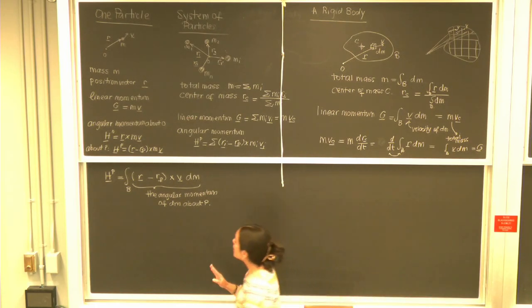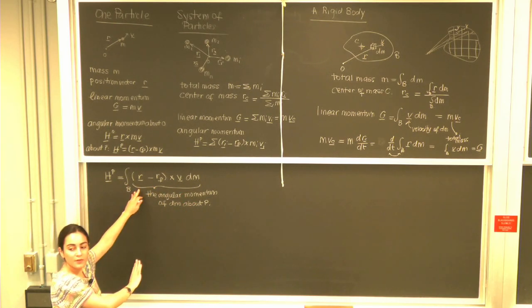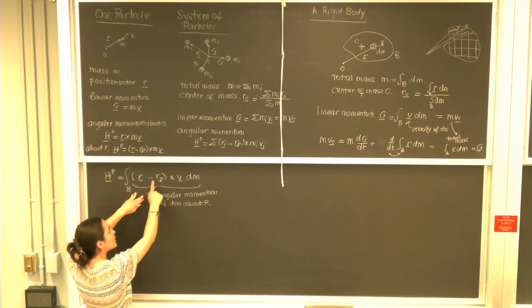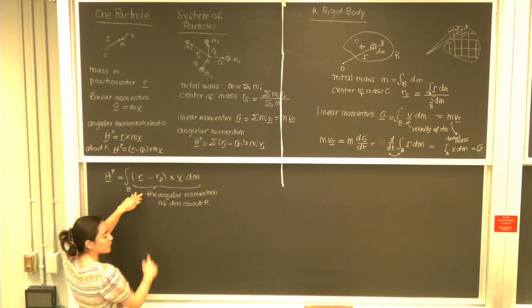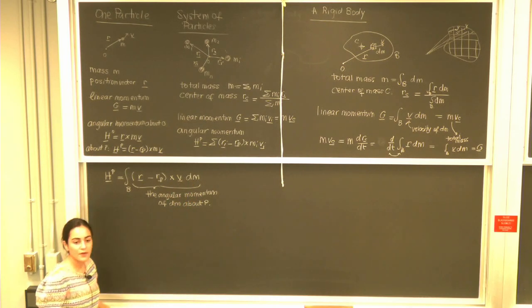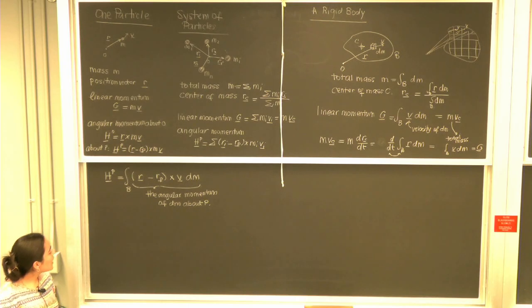Do we see how that's the angular momentum of dm? Right, because the angular momentum of a particle is r, the position vector of the particle, minus rp, the point I'm trying to find the angular momentum about, cross the mass of the particle times its velocity. Okay, so that's the angular momentum of the particle about P.